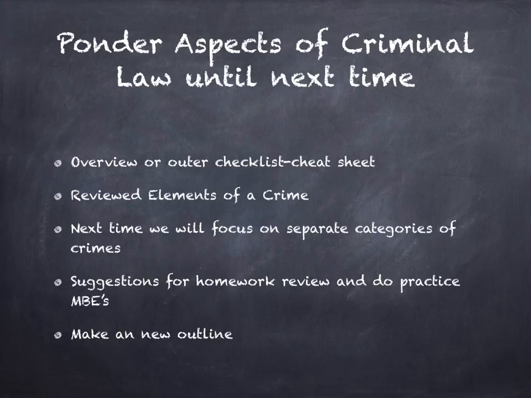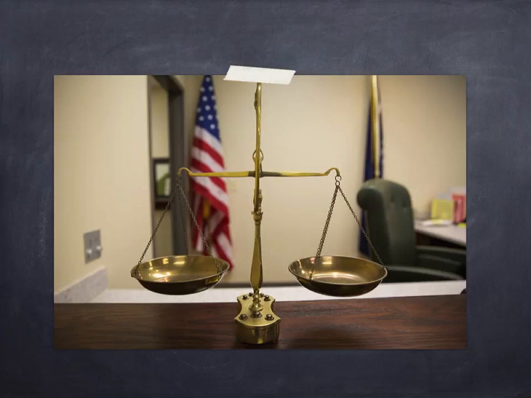Now, ponder these aspects until next time. Continue keeping up your good work studying, review these elements, and next time we're going to focus on some specific separate categories of crimes. I suggest you do some practice, because when you apply the law, you learn it better. And please try to make an outline. Remember, the scales of justice require formalities to get justice.